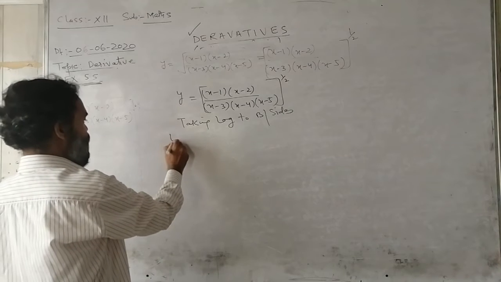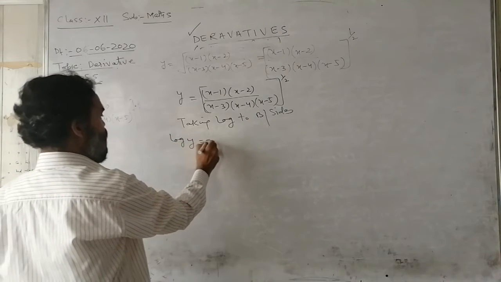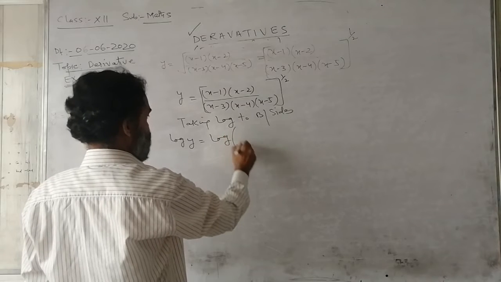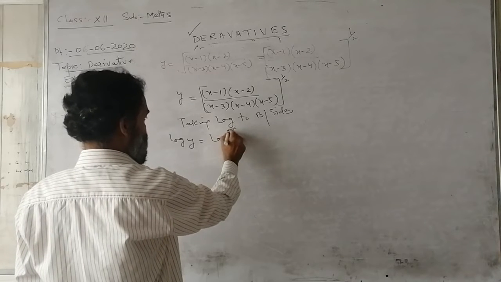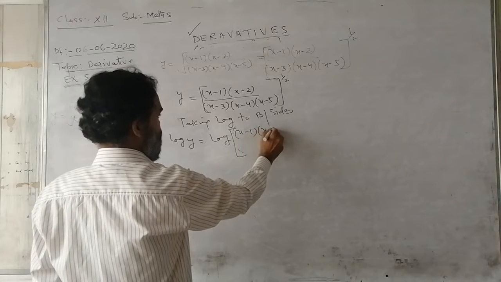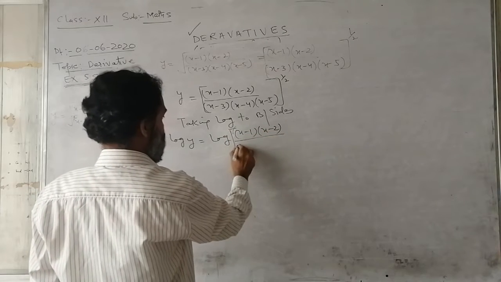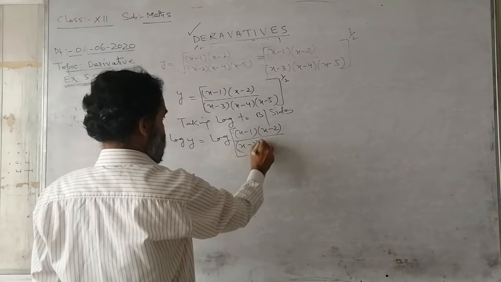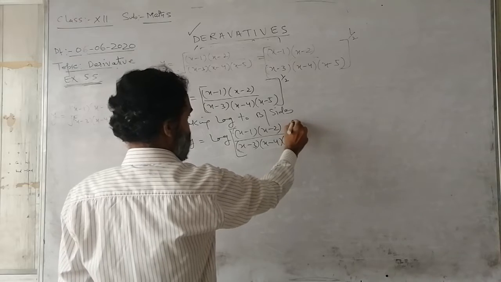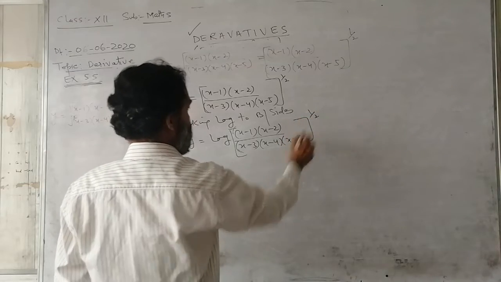So log of y will be equal to log of this whole term, (x minus 1)(x minus 2) over (x minus 3)(x minus 4)(x minus 5), raised to power 1 by 2.